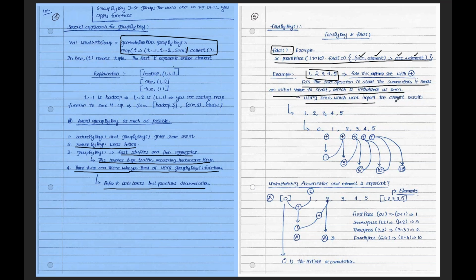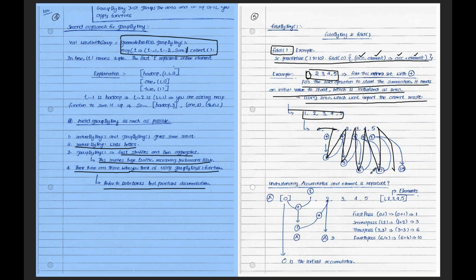Using 0 won't impact the correct result. 1 will always be 1. For that reason, 0 plus 1 is 1. 1 plus 1 is 2. 1 plus 2 is 3. 3 plus 3 is 6. 6 plus 4 is 10. 10 plus 5 is 15. You have folded it from 1 to 5, but you initialized the starting count with 0.